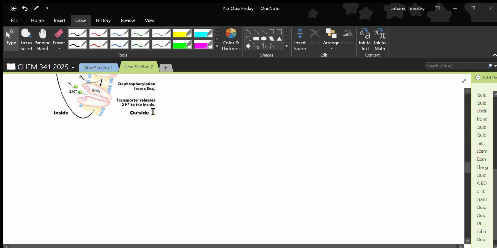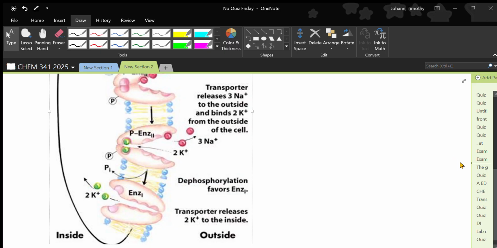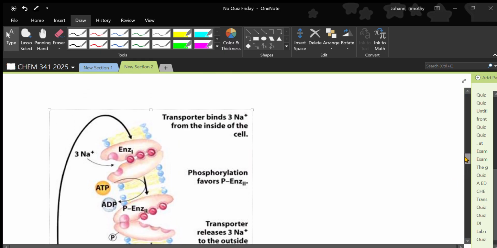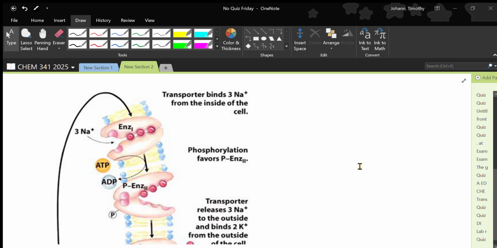But lots and lots of cells use this gradient. So this is the transporter I talked about that is consuming 25% of your energy right now. Maybe a little less of mine because I'm standing and moving a little bit, but probably not much different. So it's 25% of your resting energy that just goes into doing this.